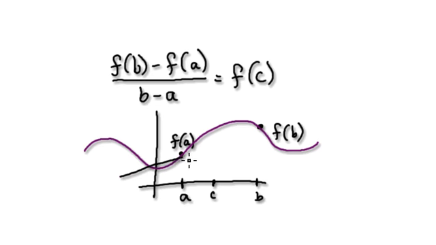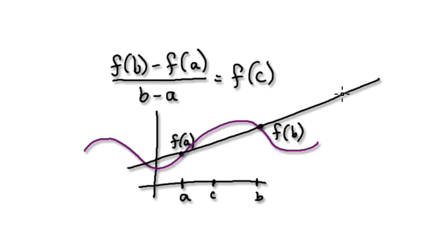Draw a straight line that connects f of a to f of b. Okay, so we're going to come up with an equation for this straight line here, and then we're going to create a new function.